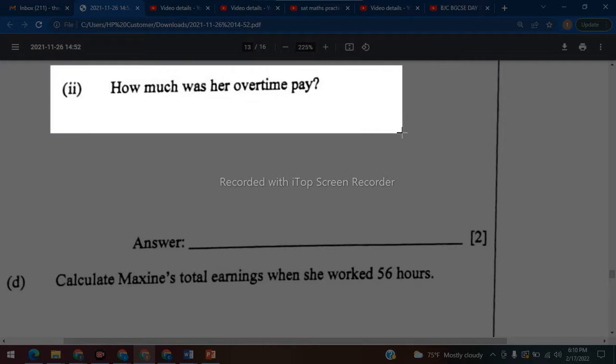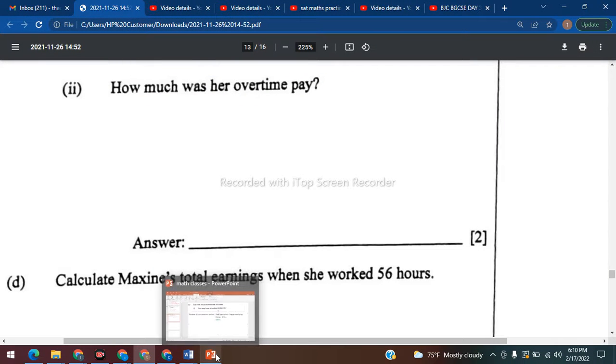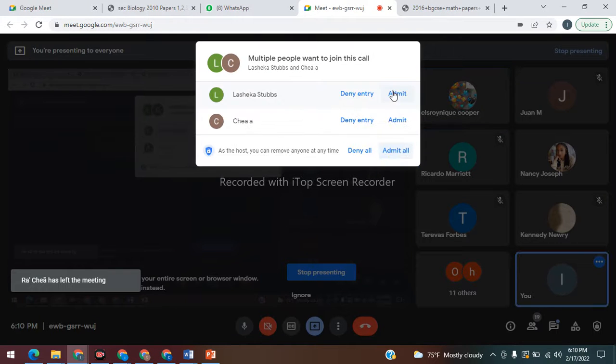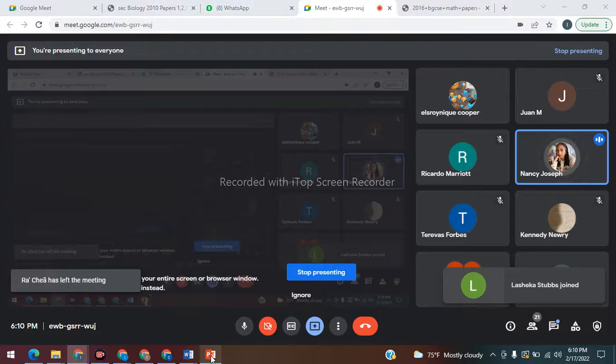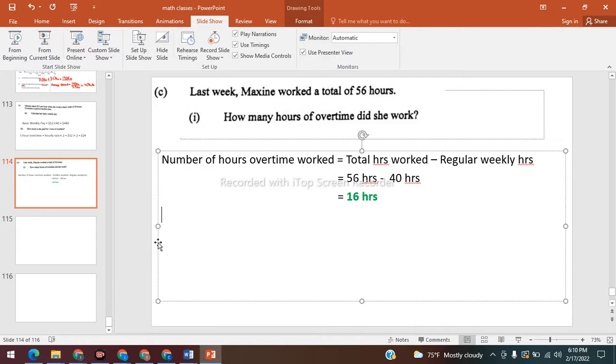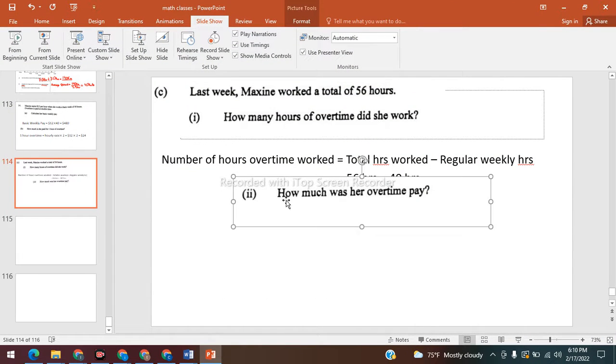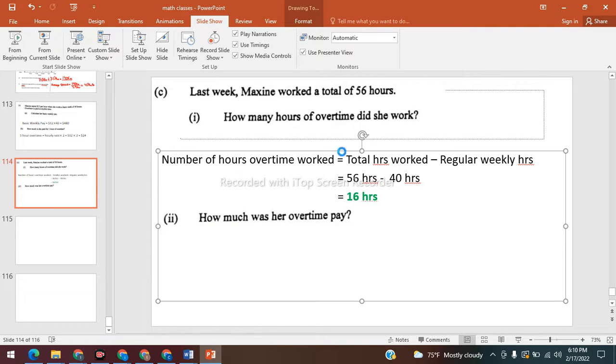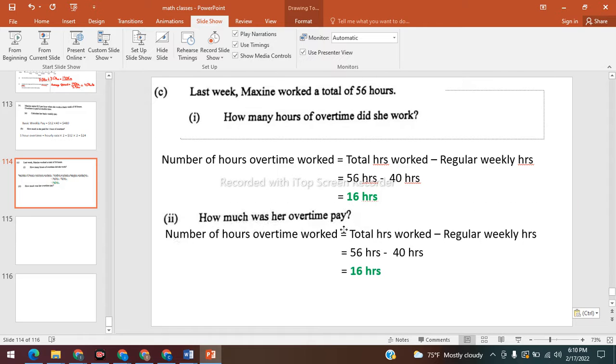Anyone can walk me through that? How much was her overtime pay? Would you do 12 times 16? No, you're doing 24 times 16. Very good. 24 times 16. Why 24? Because that was overtime, 1 hour overtime. Yes, good.